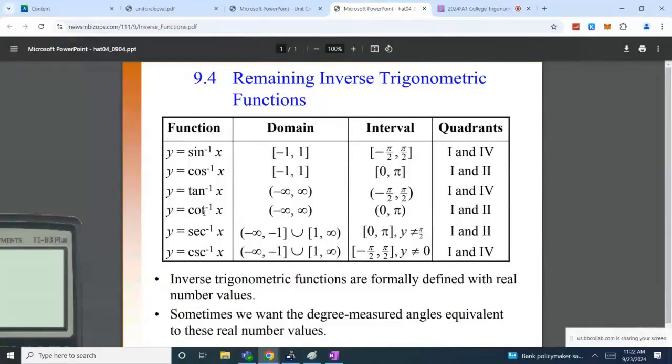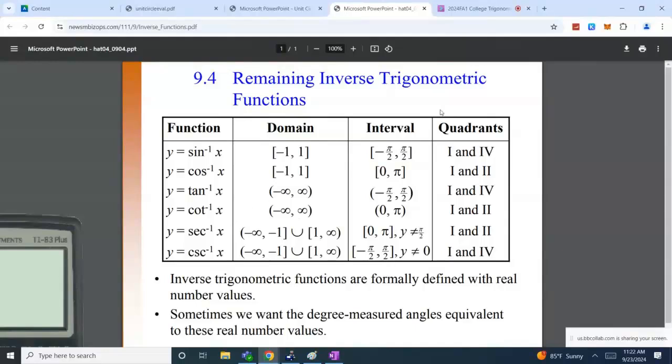The arc cotangent lies in the interval from 0 to pi. The arc secant lies in the interval from 0 to pi. And the arc cosecant lies in the interval from negative pi over 2 to pi over 2.